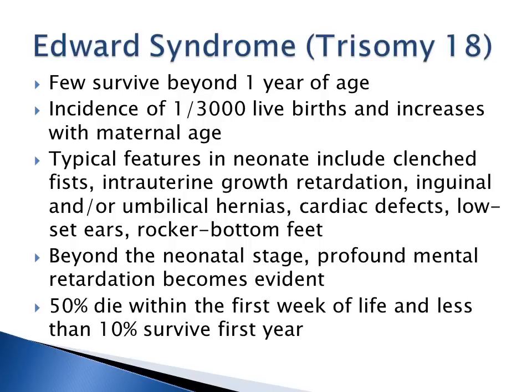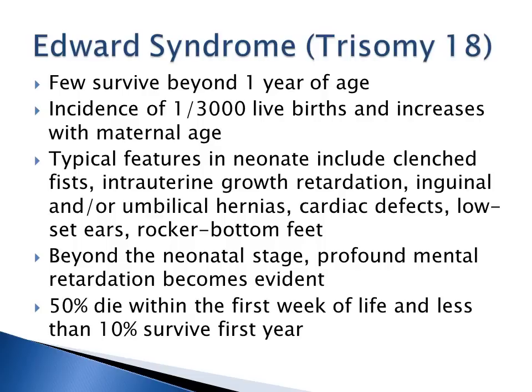Another trisomy, trisomy 18 or Edwards syndrome, is a disorder where few individuals will survive beyond 1 year of age. The incidence of Edwards syndrome is 1 in 3,000 live births, and this also increases with maternal age, just like trisomy 21 does.